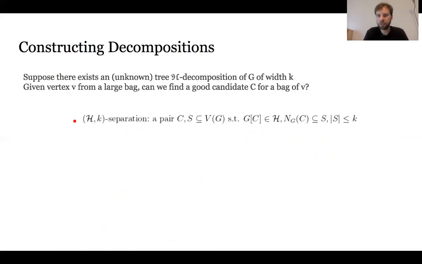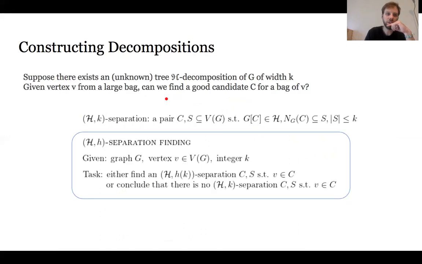So we can define such a structure and call it an HK separation, which is a pair of disjoint vertex sets C, S, such that C induces a subgraph belonging to class H. Its neighborhood is contained in S, and the size of S is moderate.